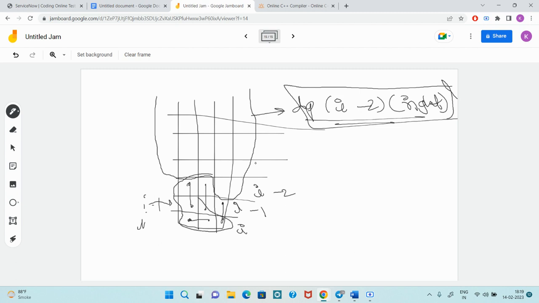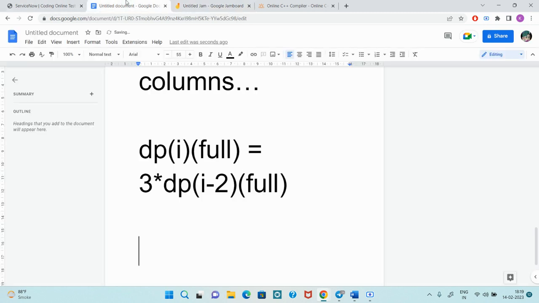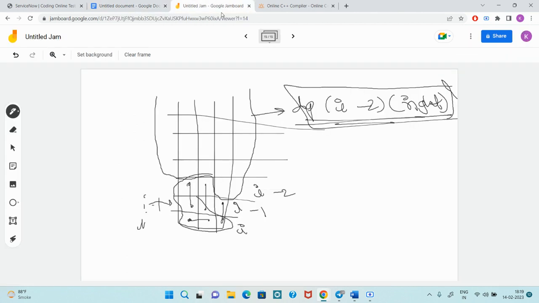There is only one way to do this. So 1 into all these ways, which were dp of I minus 2. So I have to add one more thing. The dp of I of full is this plus dp of I minus 2 right. Really nice. I liked it. Now, the thing is, I don't know how to calculate dp of I minus 2 of right. I will discuss it later.